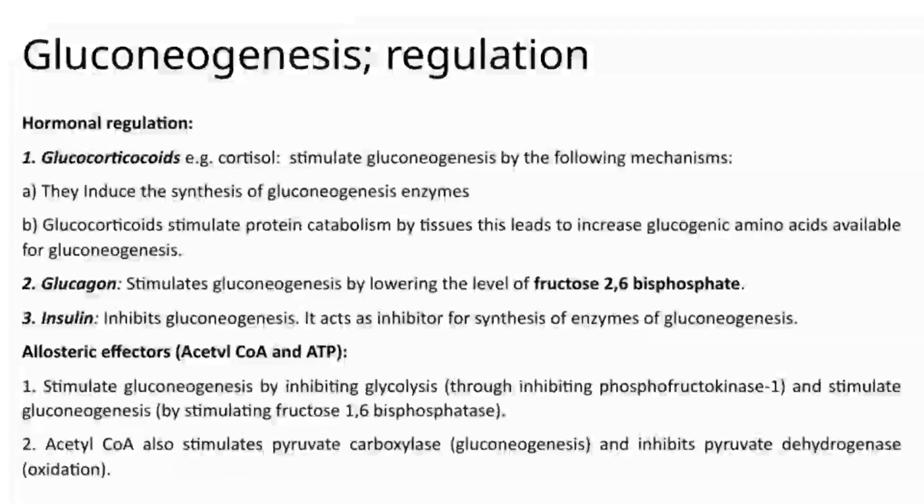It stimulates pyruvate carboxylase, an enzyme critical for gluconeogenesis, while simultaneously inhibiting pyruvate dehydrogenase, which shifts metabolism away from glucose oxidation. In summary, these hormonal signals and allosteric effectors work together to finely tune gluconeogenesis, ensuring glucose production matches the body's energy needs while maintaining metabolic balance.